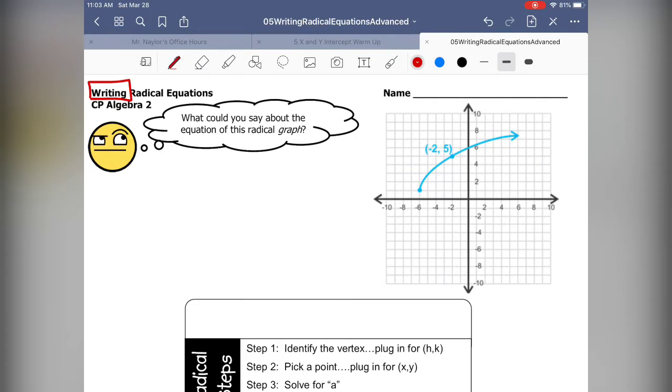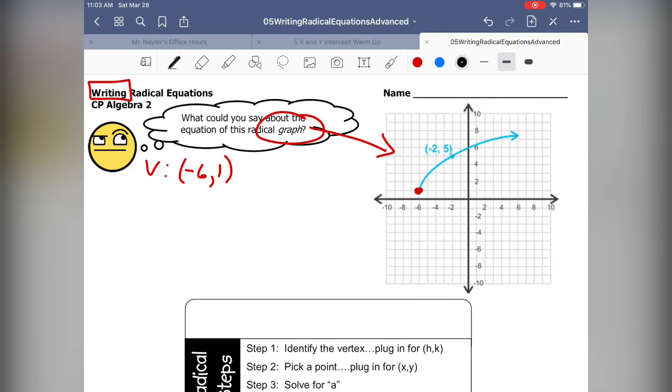Particularly when you look at what is true about the graph over here, you discover that it's got a vertex, and that vertex still becomes the main point when it comes to thinking about what's true about the equation for this radical.